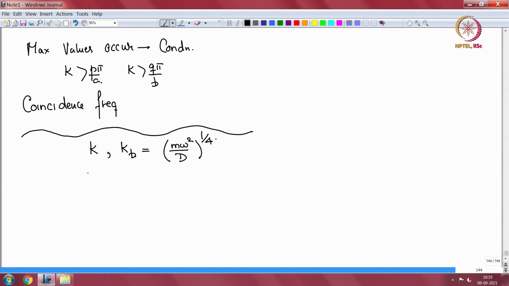Then we said coincidence is k equal to kb, and we also found the coincidence frequency.